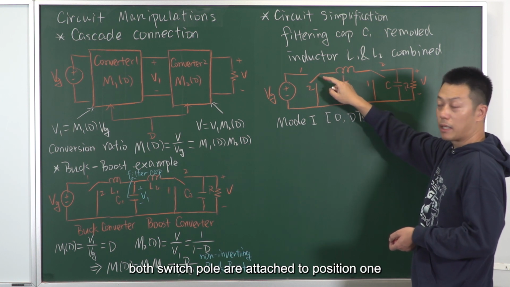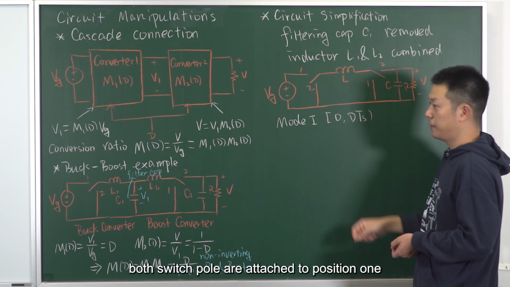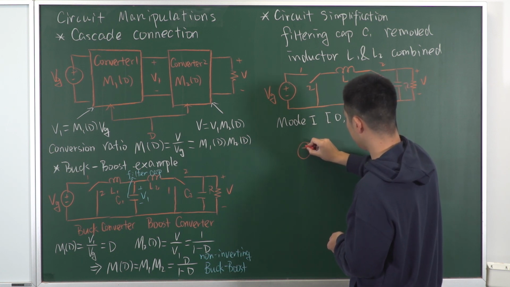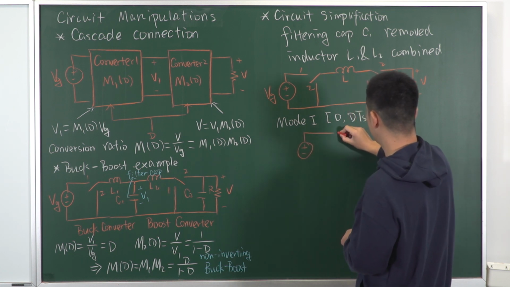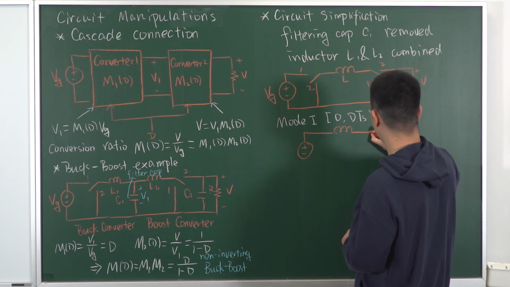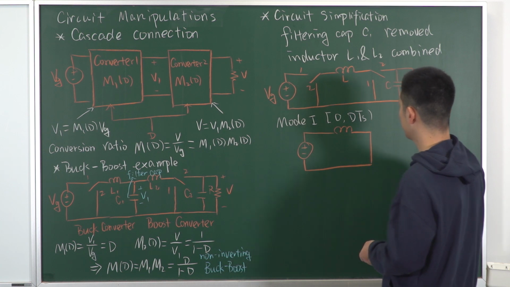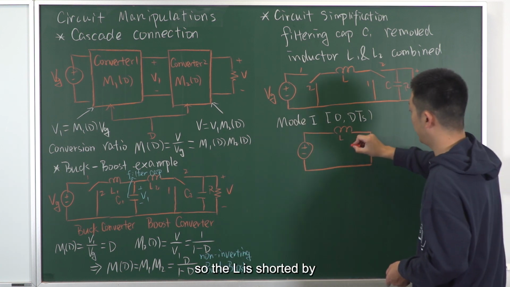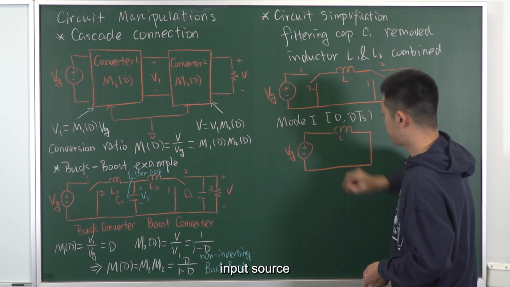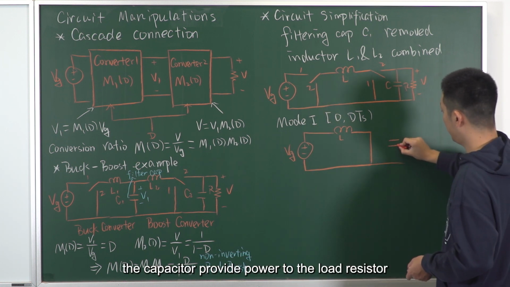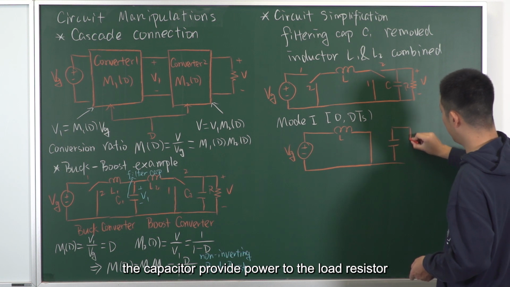Both switch poles are attached to position 1. So L is shorted by the input source. And at the output port, the capacitor provides power to the load resistor.